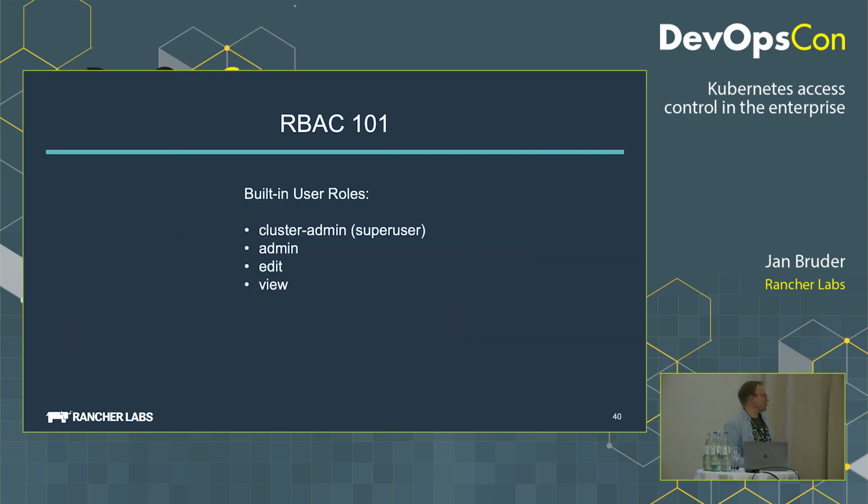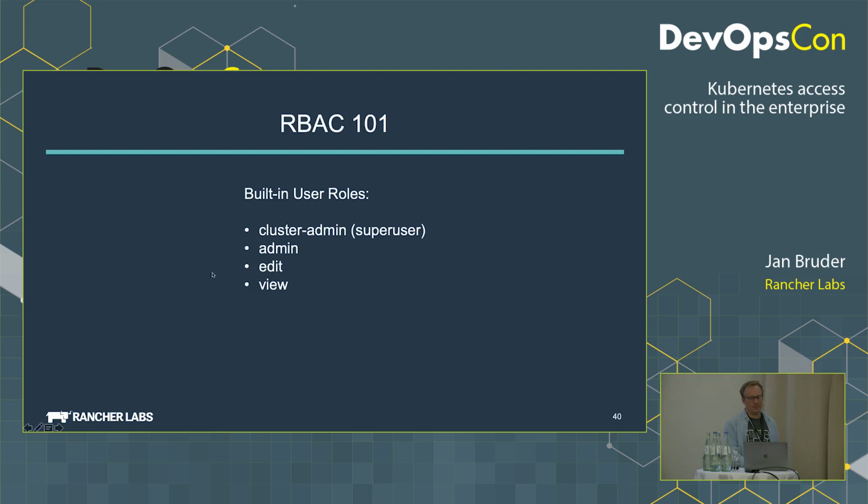I mentioned already that there are some built-in roles in Kubernetes. The cluster admin role gives you full rights in the whole cluster to all resources. Then you have three roles that you usually use to grant rights in a namespace.